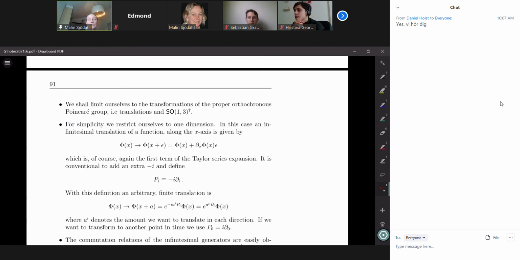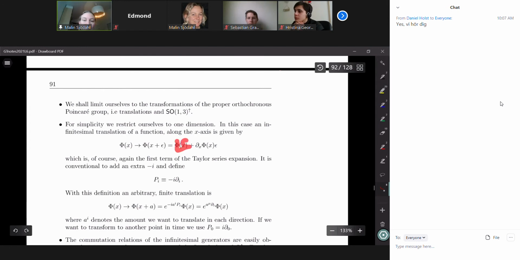Okay, so the new structure here is the translation. So let's for a while assume that we have just one dimension. We will have sort of 4 copies of this in the end. So we have some function of x, and now we want to translate it to x plus epsilon.